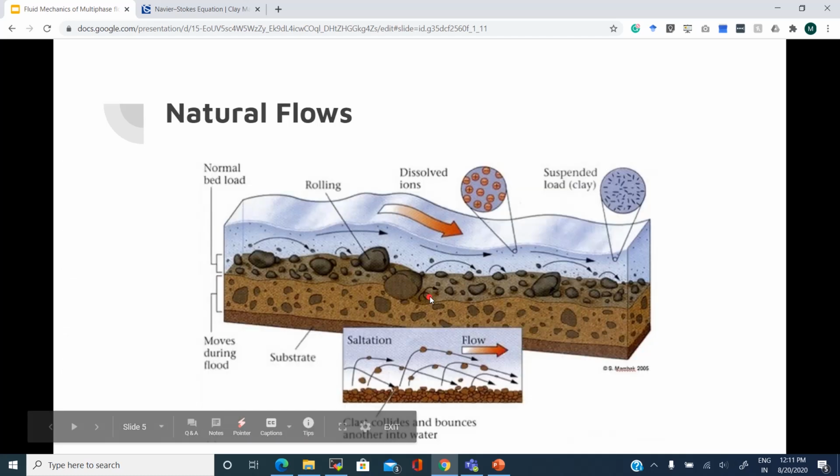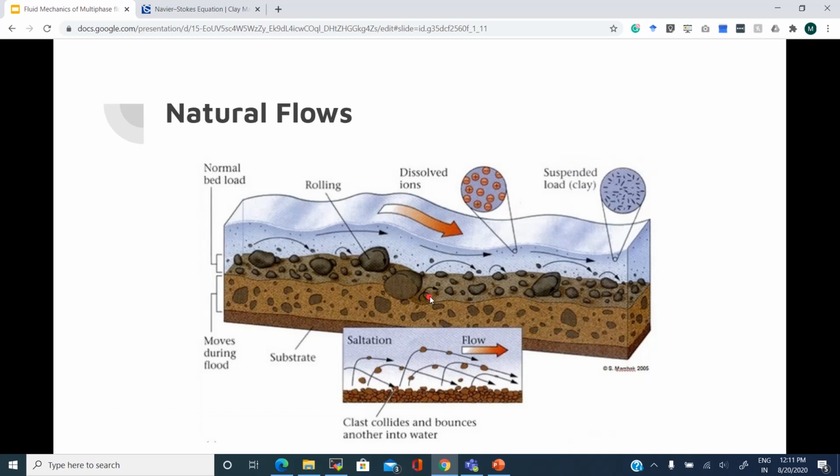Then coming to the natural flows, this is flow in a river. You can see that there is a bed with some semi-solid clay mixed with water and some particles floating in the river, submerged in the river. You can see that there is some morphology to the bed as well, so that dictates the boundary condition for the flow.